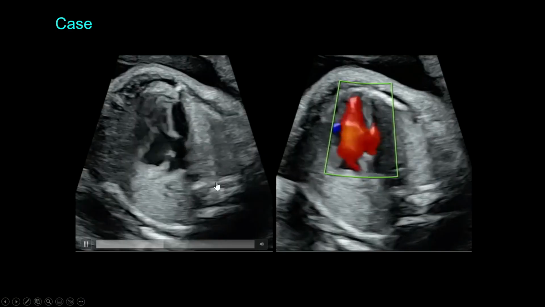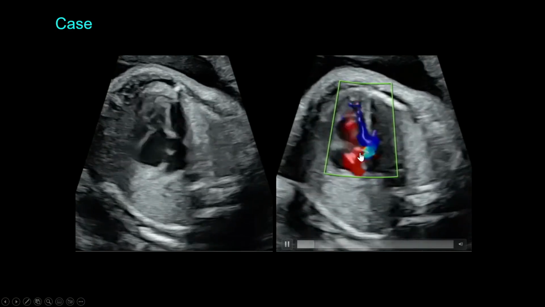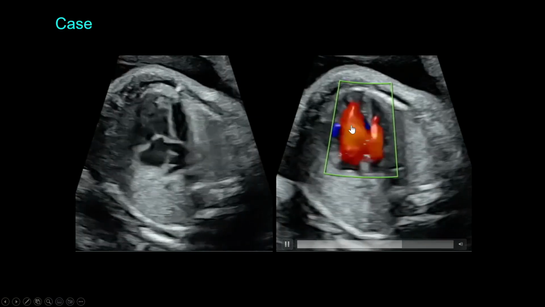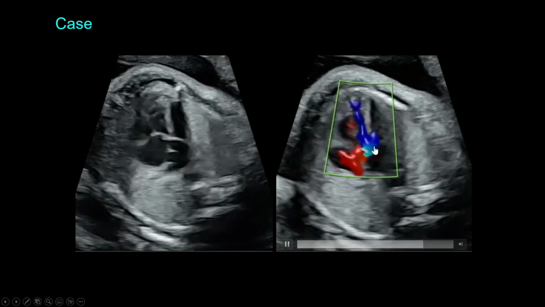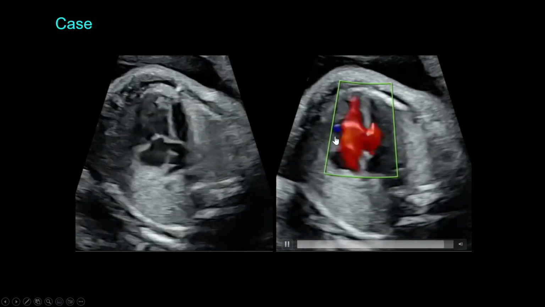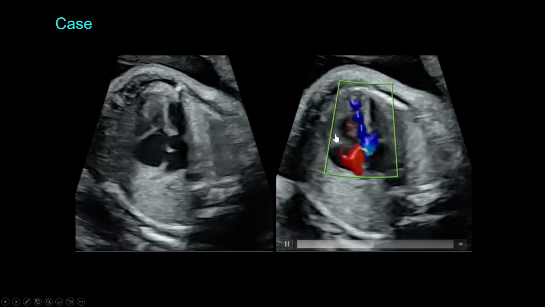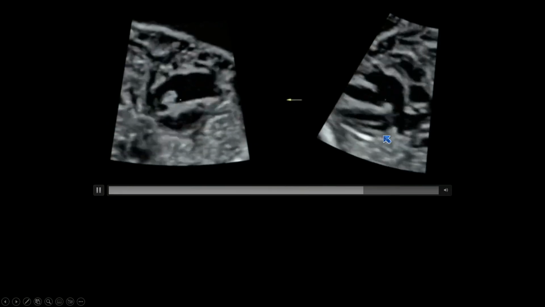This looks less nice. So what you have is a small left ventricle, a good sized right ventricle, and you see the dominant inflow clearly goes towards the right ventricle. And if you want, you have a double inlet into the right ventricle based on the deviated ventricular septum.